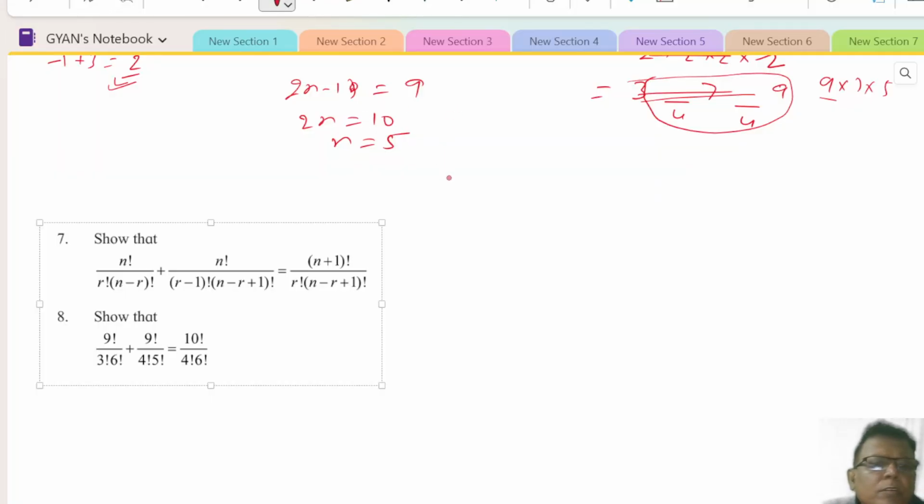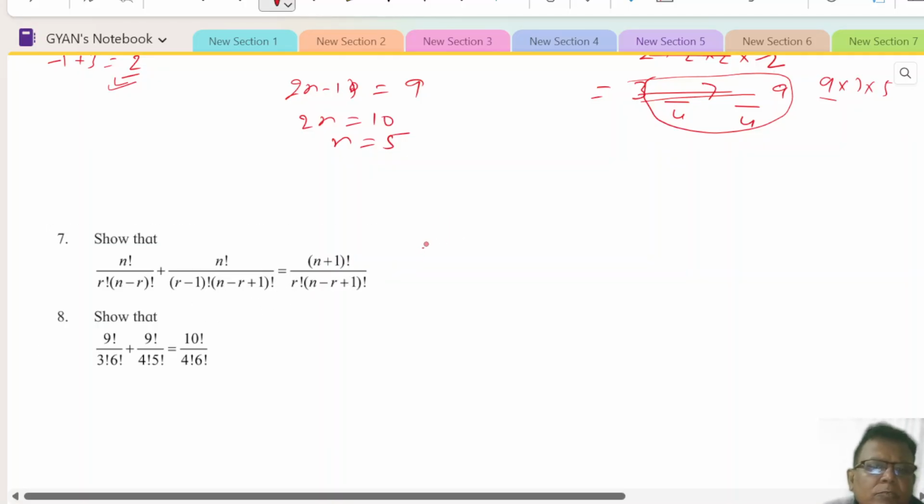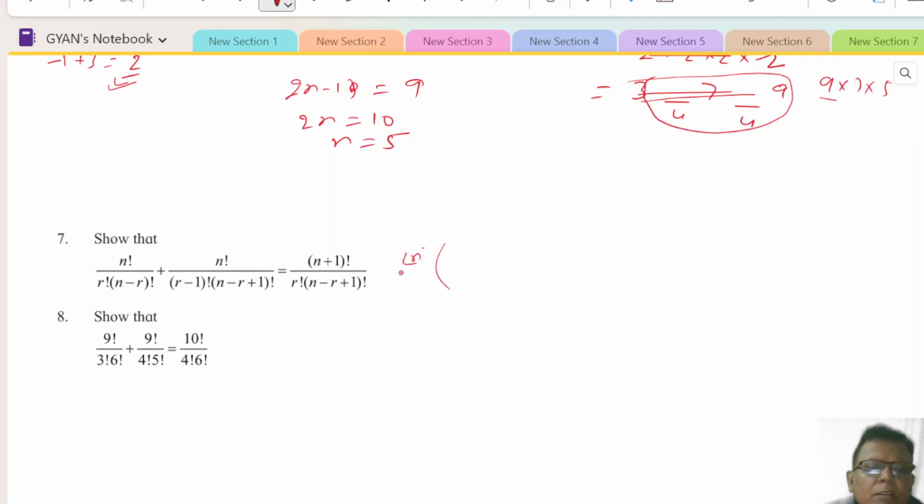Here we will solve two more questions where we have to show this. So how to show that? Take factorial n common, factorial r minus 1 common, and factorial n minus r common. Choose the lesser factorial and take it common.